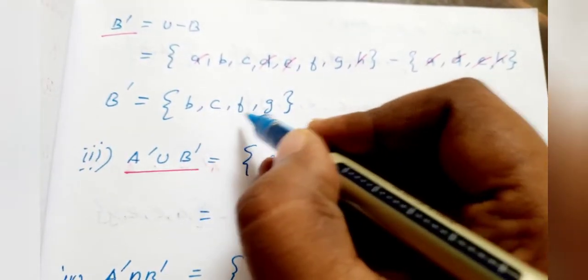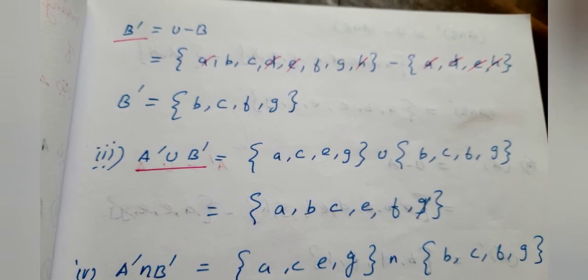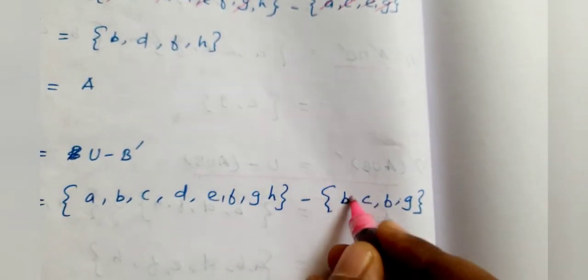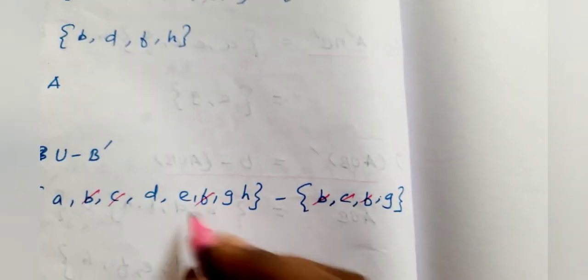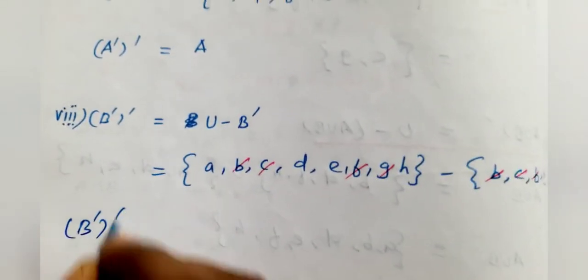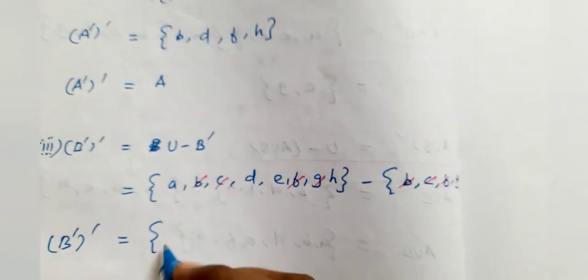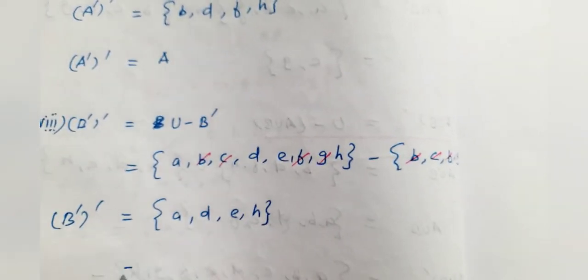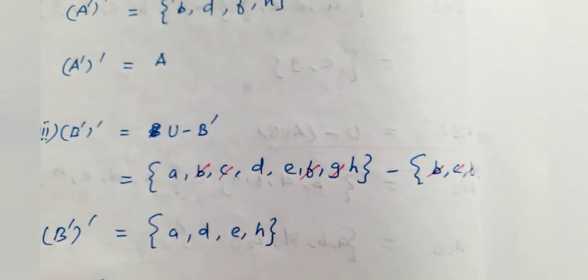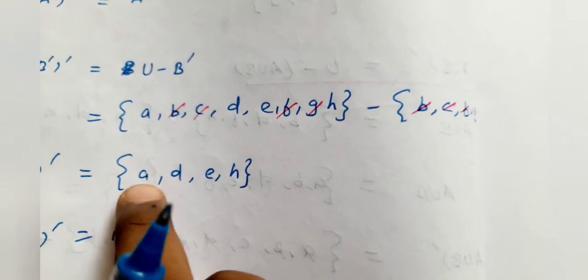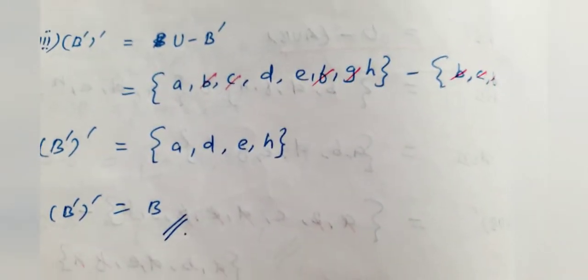If we remove the common elements, then we will get the answer, B, C, F, G. So B dash the whole dash is equal to A, D, E, H, which is the same as set B. You can see it in the question, that is A, D, E, H. So with this, the third sum gets over.